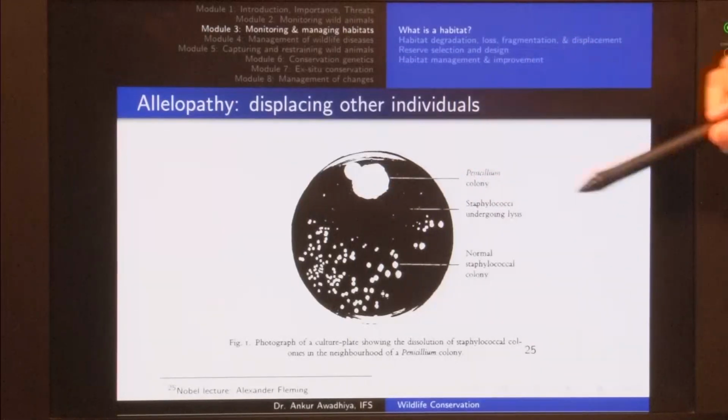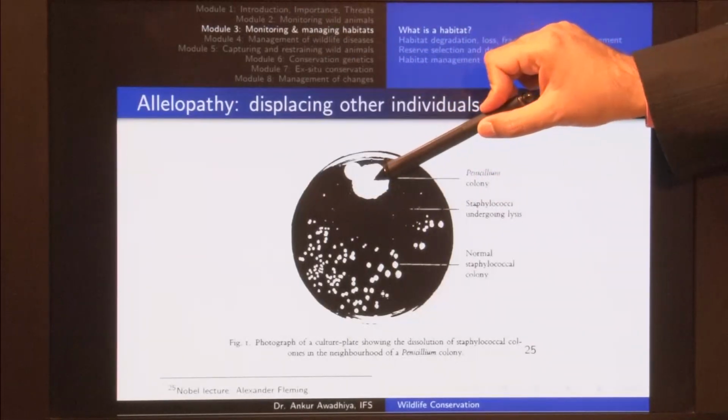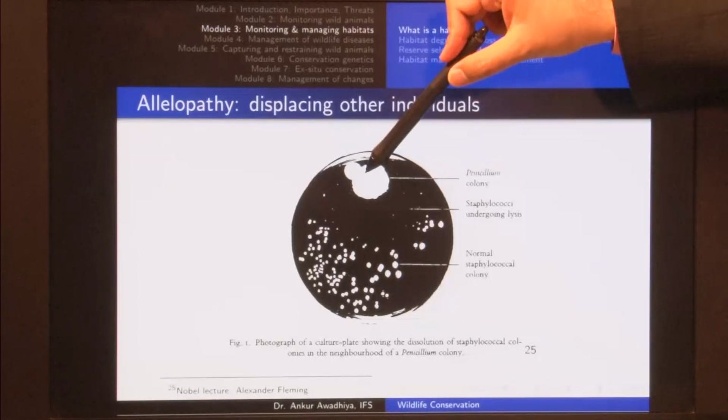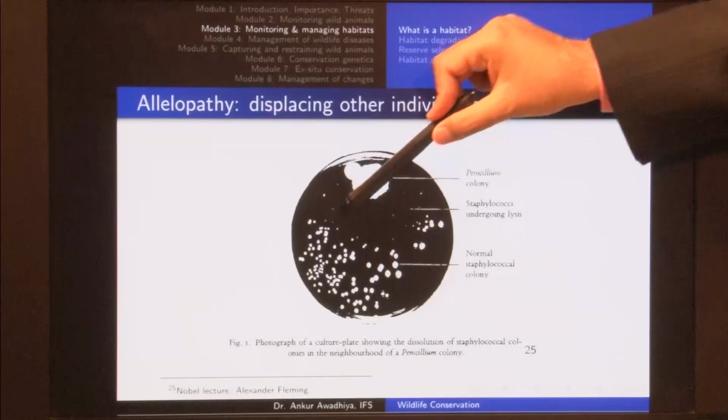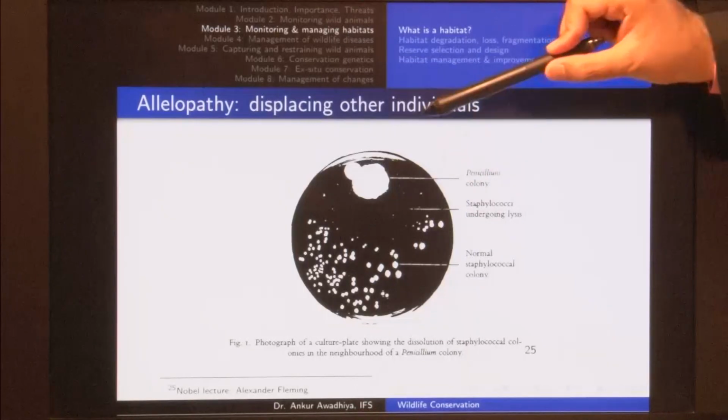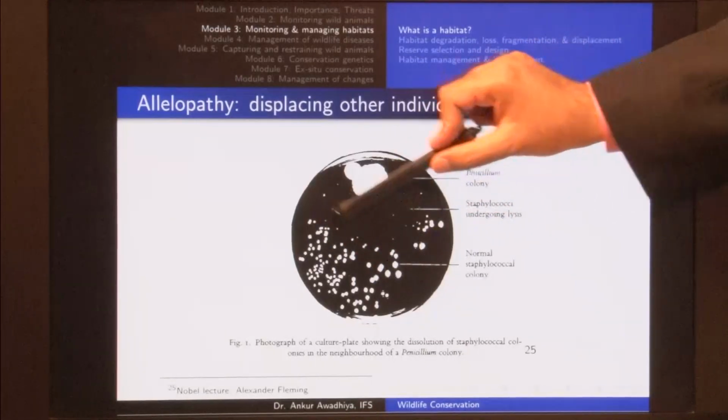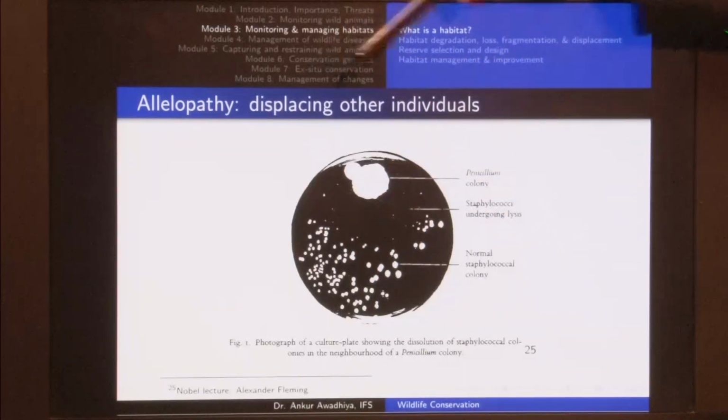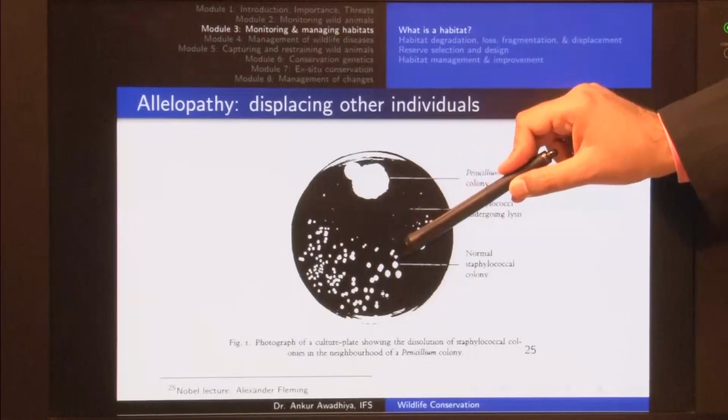So what is happening here is that there is one organism, Penicillium notatum, which is a fungus, which is giving out something into the environment which is killing off these organisms. So it is essentially displacing these bacteria away from itself.